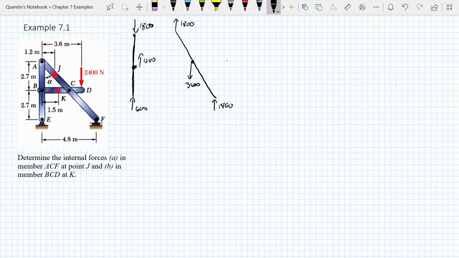And lastly, we have this last member here, and here we have 1200 coming down. At point C we have 3600, and then at point D we have 2400. So again, those are the answers from the chapter 6 problem.